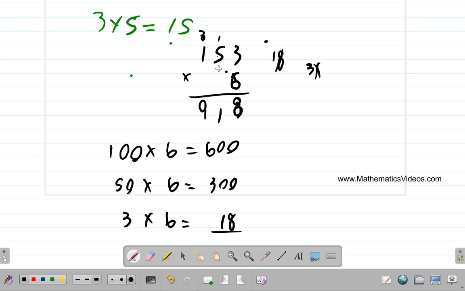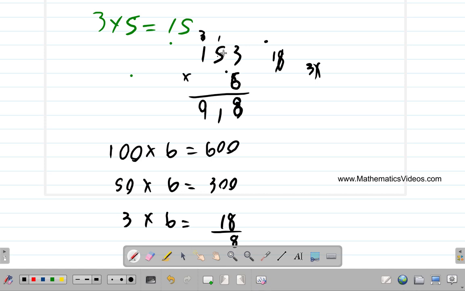And then you add the 1 to it. The 1 that you add is really 10. So you really add them up here: 8 and 0, 8, and you write down the 8. But when you say 6 times 50, it's 300 plus 10.